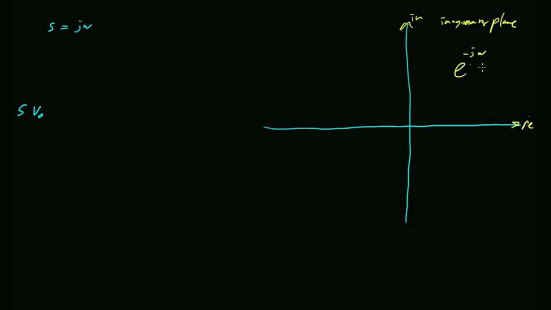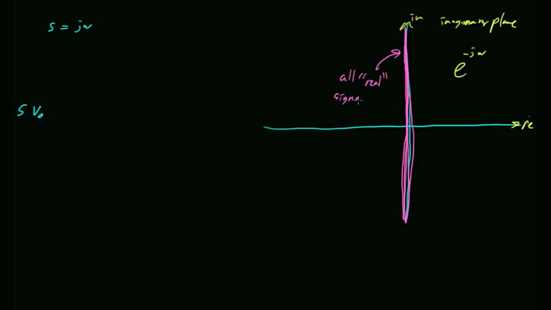They're just on this axis. Okay? So, in other words, all real signals are on this axis.